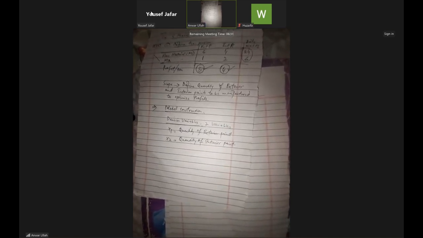So these two are the decision variables. We have to solve the problem for finding these two quantities that maximize the profit. Now you understand?